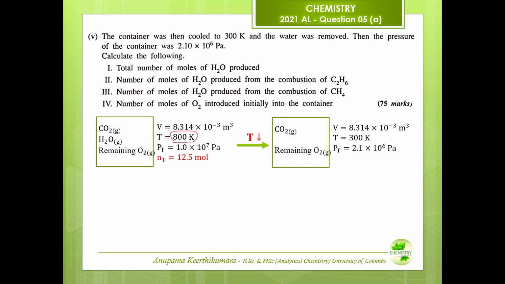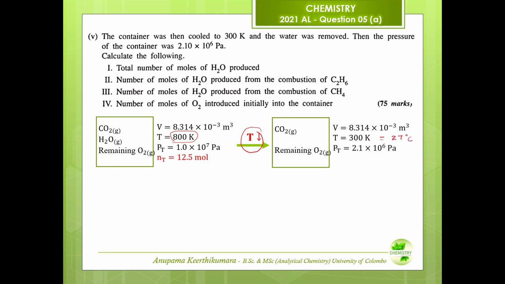What's inside the system was the produced carbon dioxide gas, produced water vapor, and the remaining oxygen. Now the temperature has been reduced to 300 Kelvin, the same as 27 degrees Celsius.